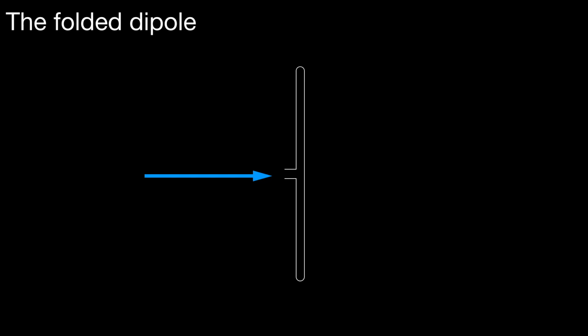So the next antenna we're going to have a quick look at then is the folded dipole. Now, the folded dipole is a half a wavelength long physically.